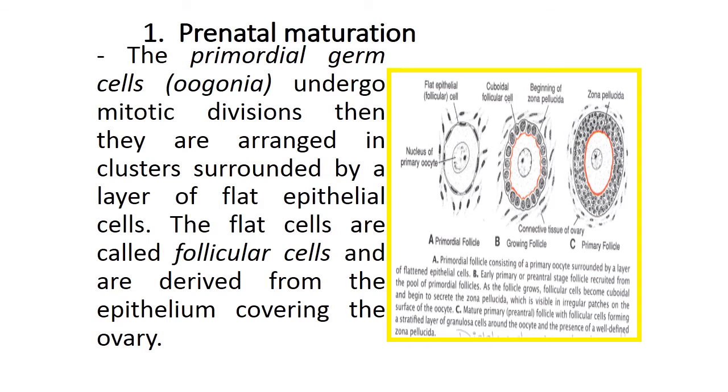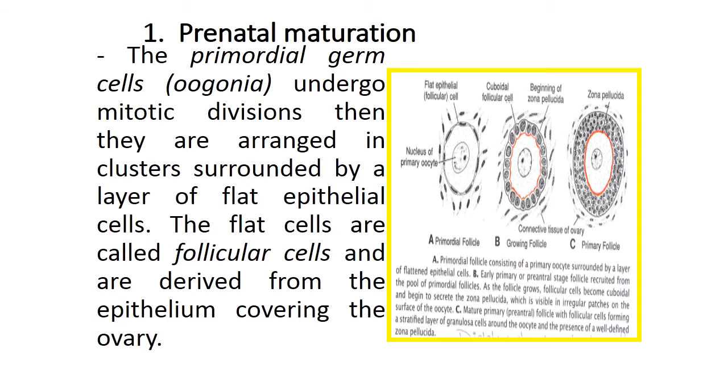The flat cells are called follicular cells, and they are derived from the epithelium covering the ovary. These flat cells get modified into cuboid follicular cells, and then into what is known as the zona pellucida, which covers the ovum.